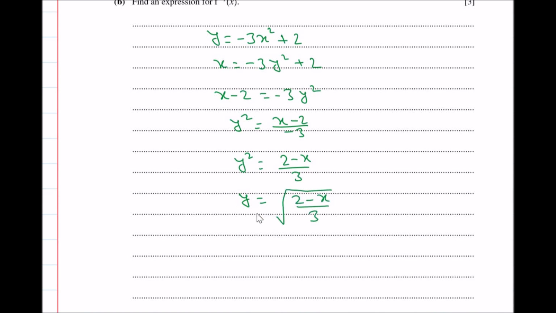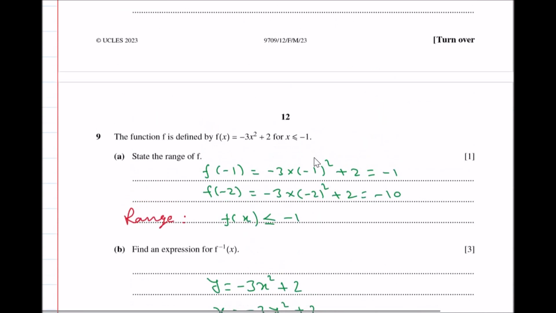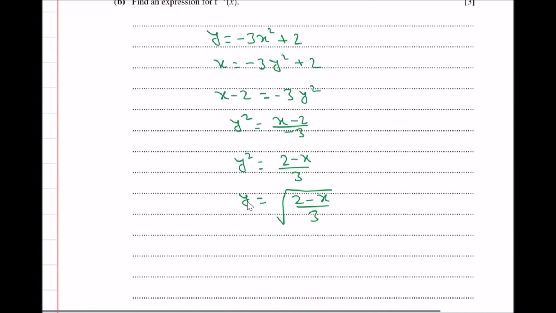But there are two square roots, one positive, another negative. Now how to decide which sign we have to take here? So go to the domain given. Domain is x less than equal to minus 1. So that means y is less than equal to minus 1, meaning y is going to be negative for the domain.